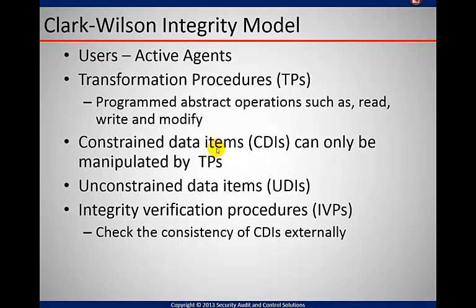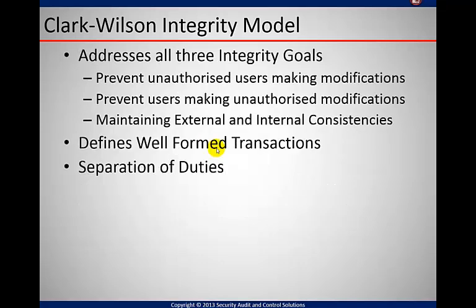We have unconstrained data items, UDIs, and then also integrity verification procedures, IVPs, which check the consistency of those constrained data items, or the CDIs, externally. Now, the Clark-Wilson integrity model addresses all three integrity goals, which means it prevents unauthorized users making modifications, prevents users making unauthorized modifications, and also maintains external and internal consistencies, defines well-formed transactions, and a separation of duties.